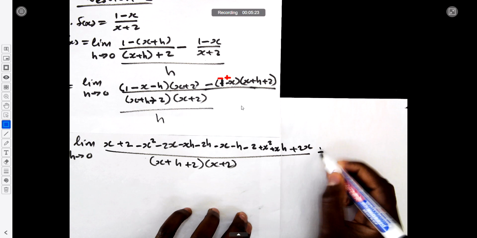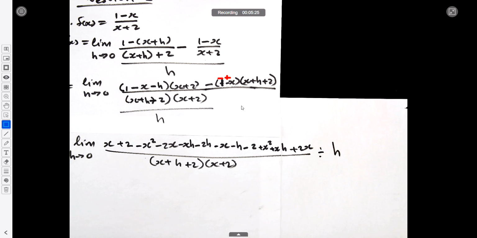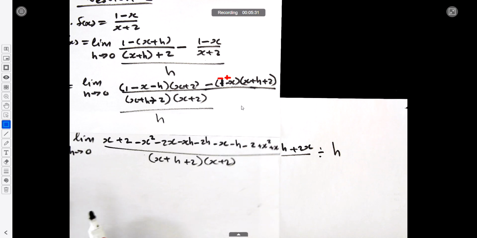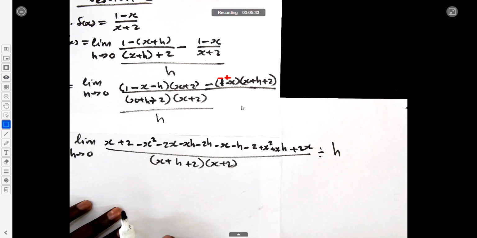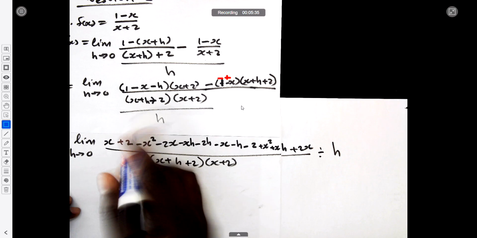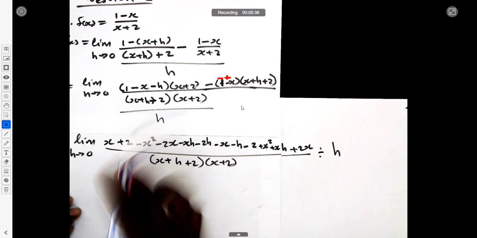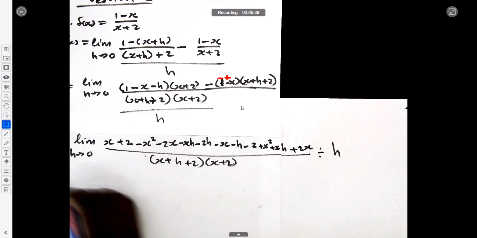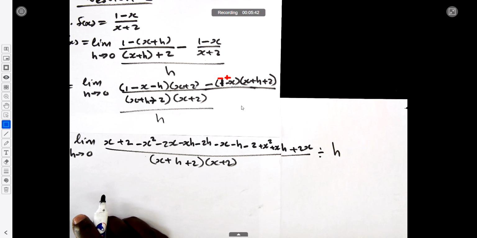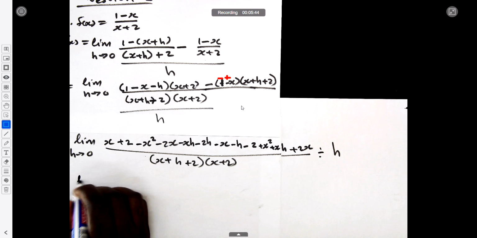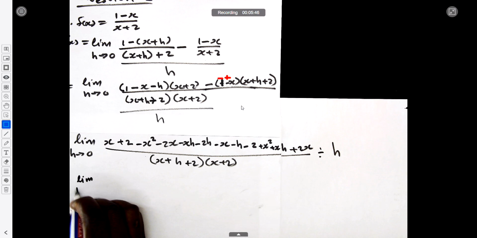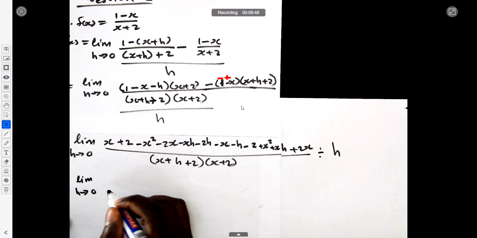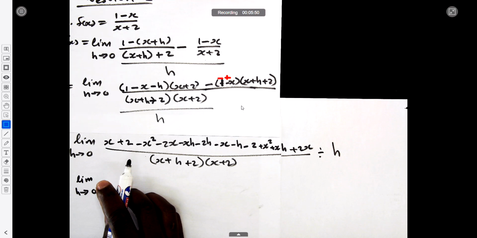Then let us write the division sign in that format, so as to avoid double fractions. So we know that this is still dividing the numerator, or this fraction here, by h. Then we're going to say it is equal to, so we know that limit when h approaches 0, the function, we're going to look into it.